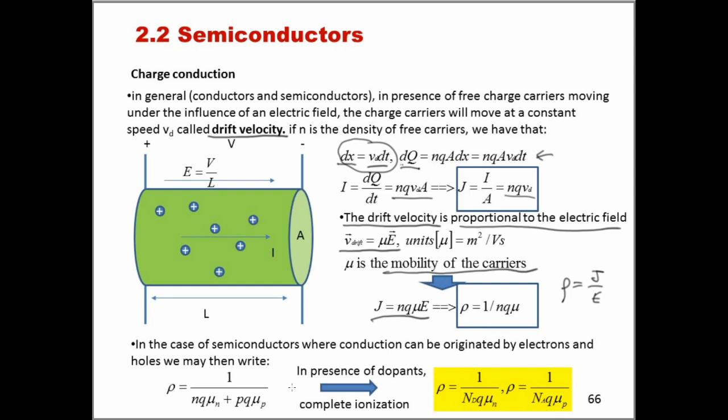If both electrons and holes play a role, then more generally we can generalize the formula in this way, or we can specialize this formula in presence of dopants that are completely ionized, as described in this formula here.